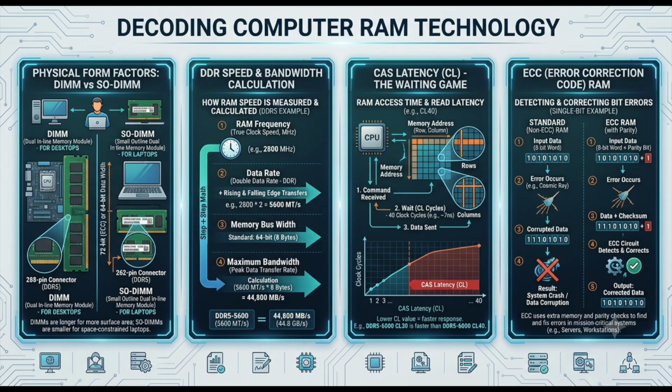Oh, the naming conventions. Yeah. It's a nightmare. Professor Messer's notes highlight two totally different naming conventions for the exact same physical stick of memory. Yep. Like you'll see a module labeled as DDR4 3200, but right next to it on the box, it's also called PC4 25600. Why on earth do we need two different numbers that sound absolutely nothing alike?